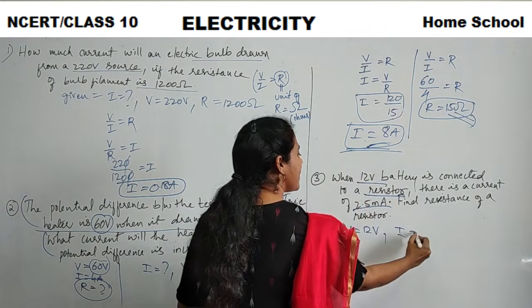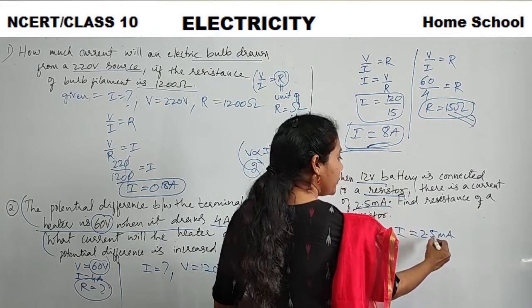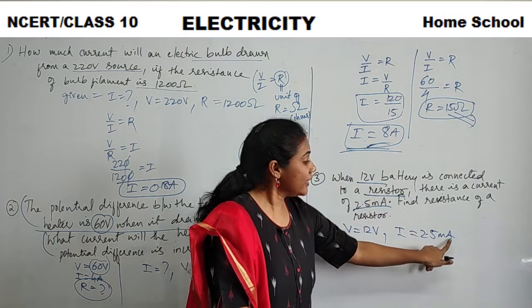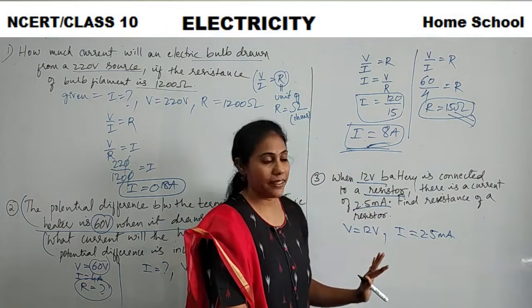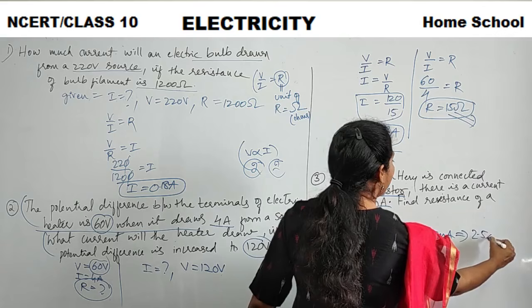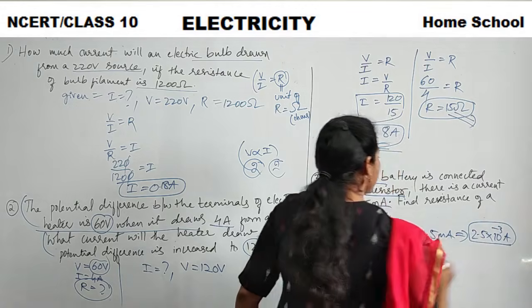Milliamperes means current is given, that is I is equal to 2.5 milliamperes. You convert this into amperes. Always convert to a standard unit, then calculate. Milli means what? 2.5 into milli means 10 to the power of minus 3 amperes. So this is your I.